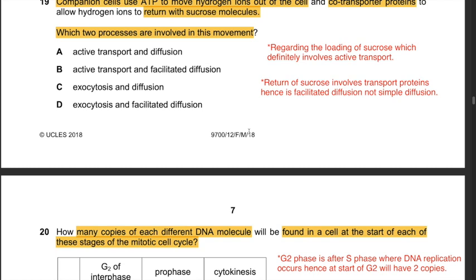By reading this question, you should be able to understand that this is regarding the loading of sucrose, which, if you recall the chapter of transport in plants, does involve active transport, hence the answer being either A or B. And the question itself mentions return of sucrose involves co-transporter proteins, and if it involves transport proteins, it is facilitated diffusion, not simple diffusion, because simple diffusion doesn't involve any transport proteins, whereas facilitated diffusion does. Therefore, the answer is B, active transport and facilitated diffusion.